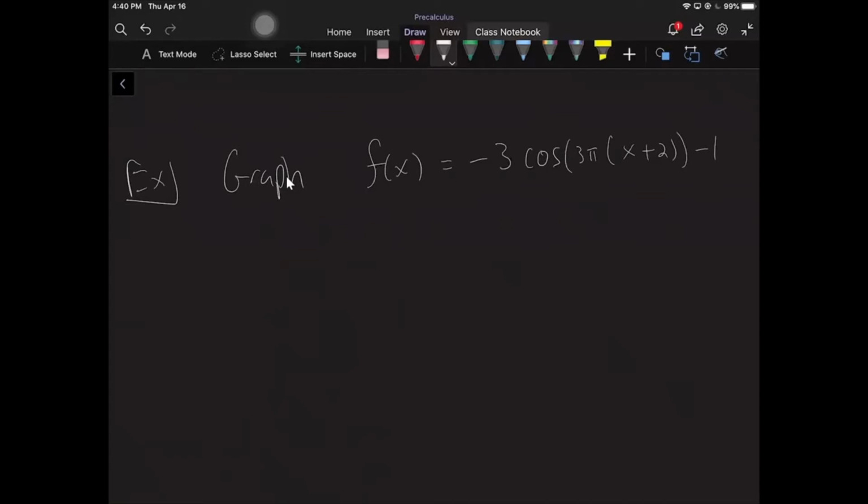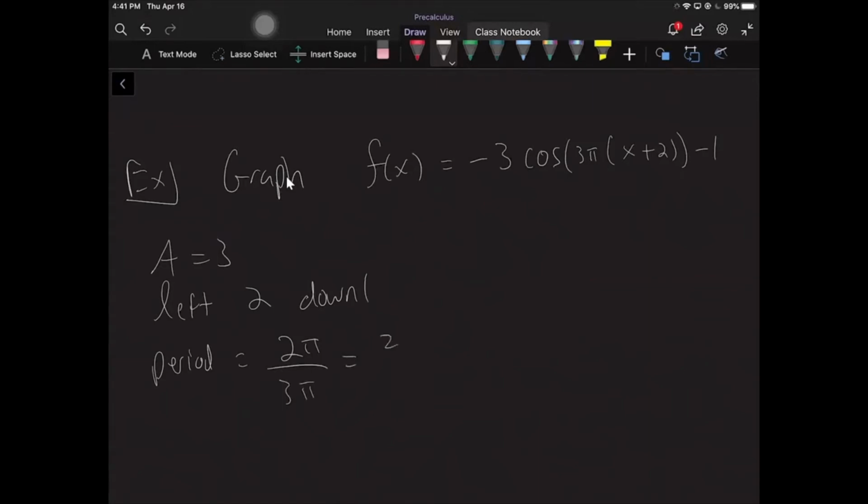Okay, so it looks a bit trickier because now there's this pi in there, but we just treat it the same and everything will work out. So this is saying it's going to go left 2 and down 1, and then the period is what? Well, it's still 2 pi divided by the speed of the wave. So how fast is it going? It's going 3 pi times as fast, so you divide by that.